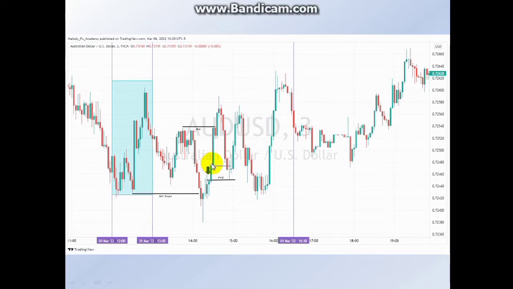You can see that between this candle's high and this candle's low, there's a gap in between, just a single pass through, and this is another fair value gap here. Okay, you can see between these candles' high and these candles' low, there's a gap. So this is our entry. Okay, you can use this as your entry, and our stop loss will probably be below this swing low.